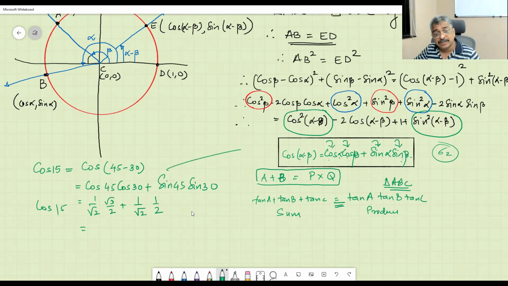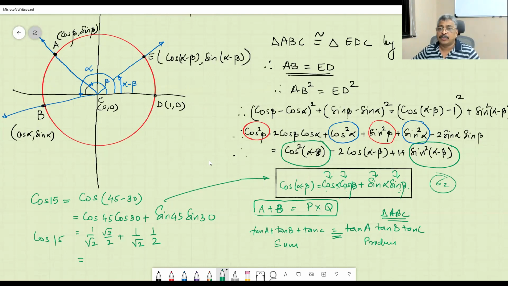Big courtesy to this breakthrough formula that we have found out. So this again goes back to the unit circle. This again goes back to SAS congruency, the basic things that we did in 8th standard.